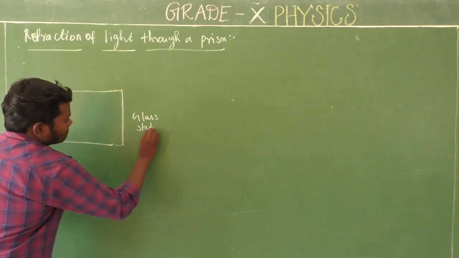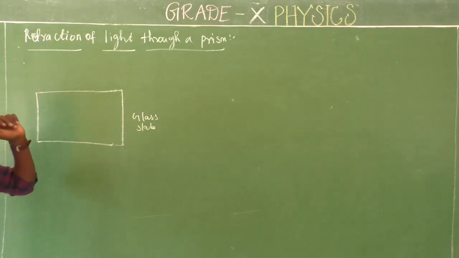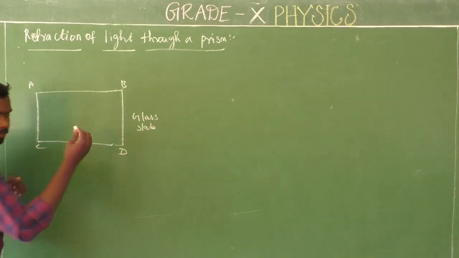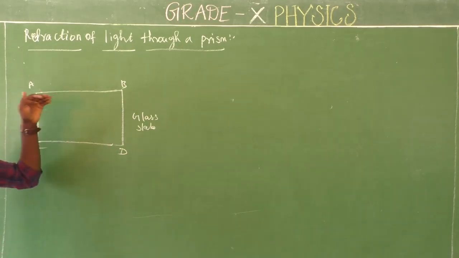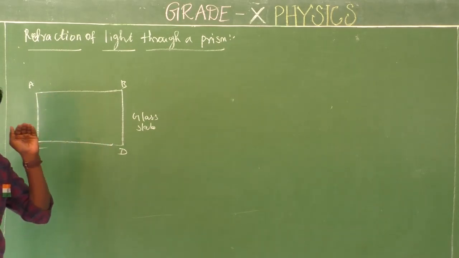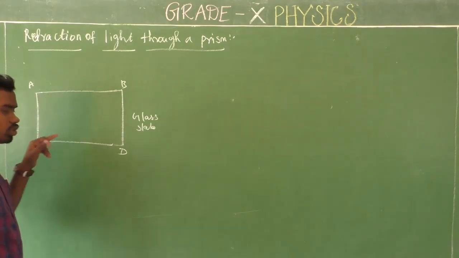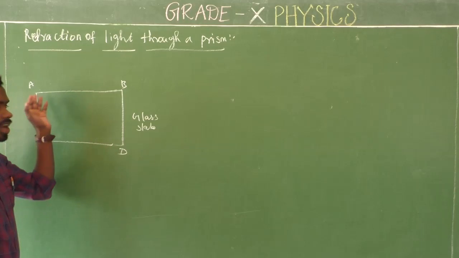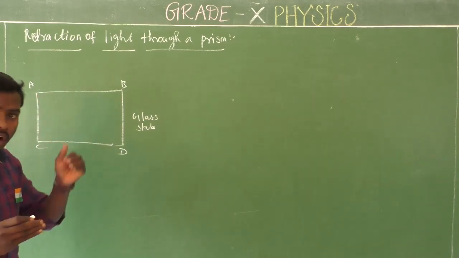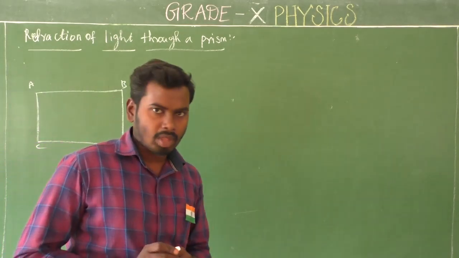This is one of the refractive surfaces. Consider the names A, B, C, D. So AB is one of the refractive surfaces of the glass slab, and CD is also one of the refractive surfaces of the glass slab. Here AB is parallel to CD, as well as CD is parallel to AB. So both refractive surfaces are parallel to each other, due to which the emergent ray is parallel to the incident ray. Already we have seen that.